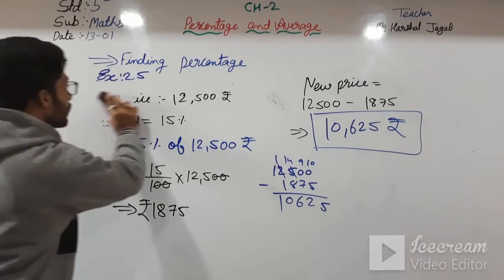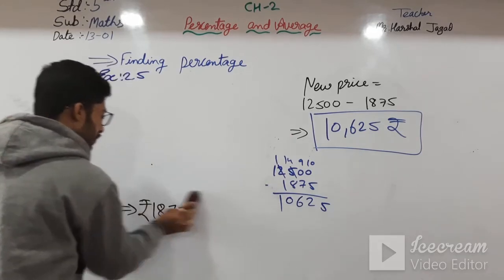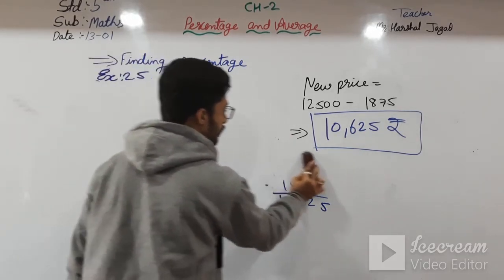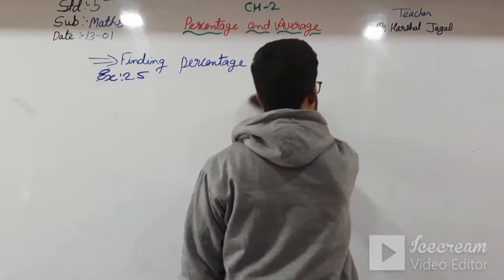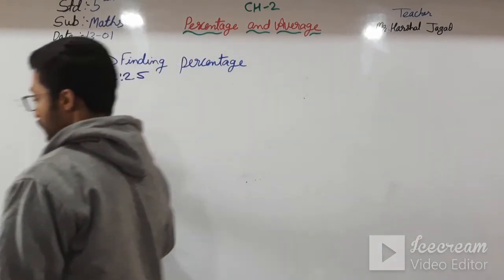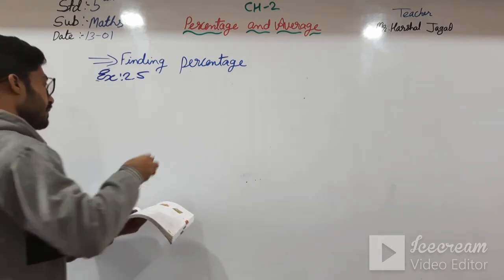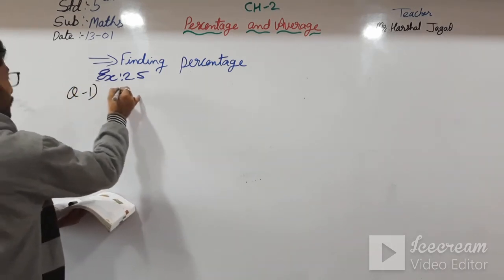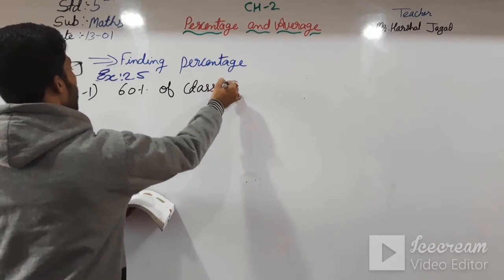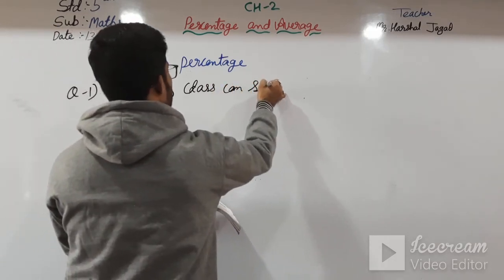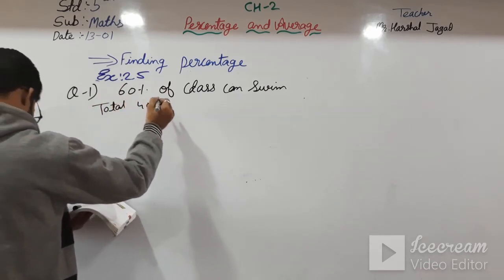Okay, now moving towards question number 1. 60% of the class can swim, and the total is how many? Total, that is 40 students.